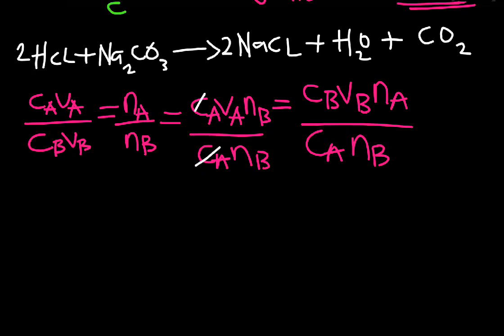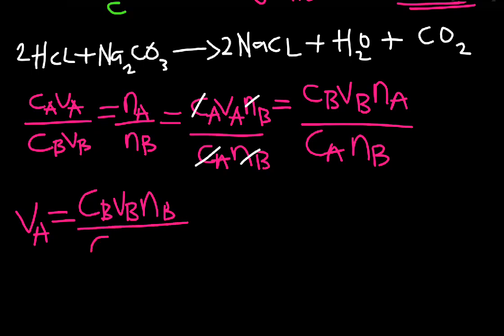This cancels this and this cancels this, and you are left with the volume of the acid equals CB VB NA over CA NB.